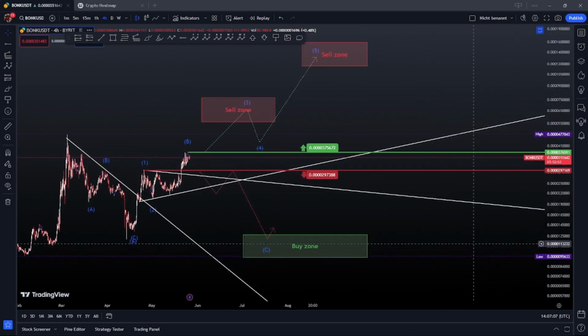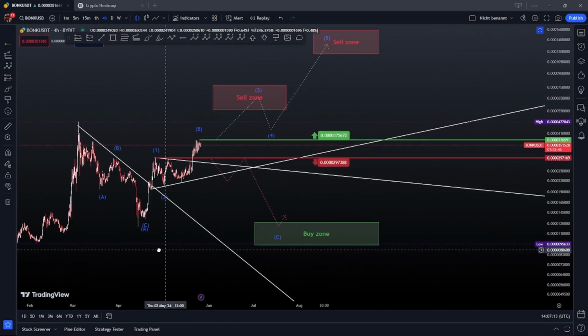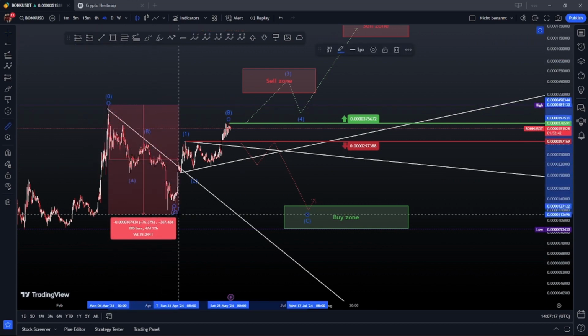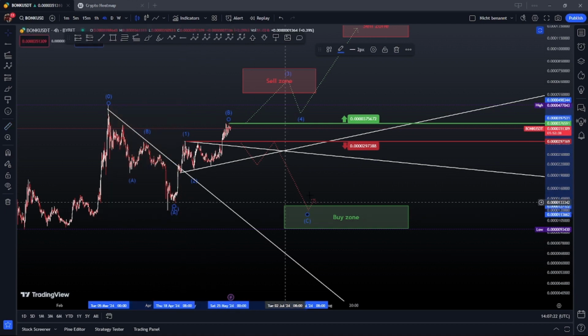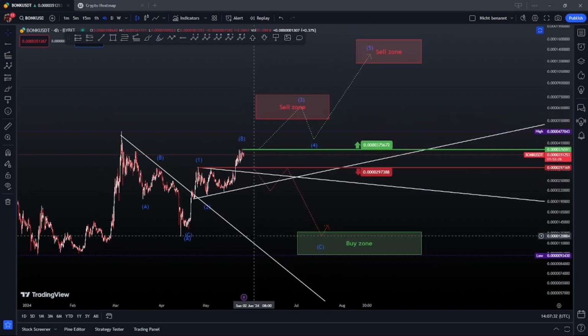I'd say, because we had a correction over here, a big correction, this correction really is not too small, with 75%. And that is why I don't think that we will correct again, especially because of the upcoming altcoin season. I definitely think that this is the most likely to happen.